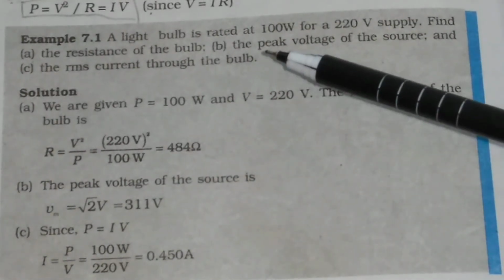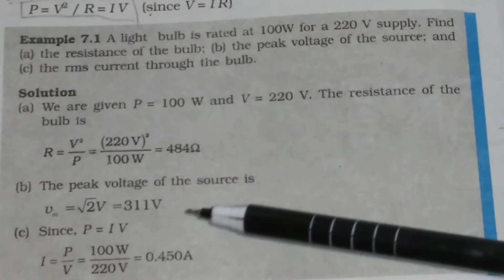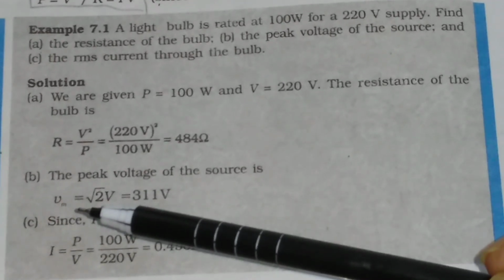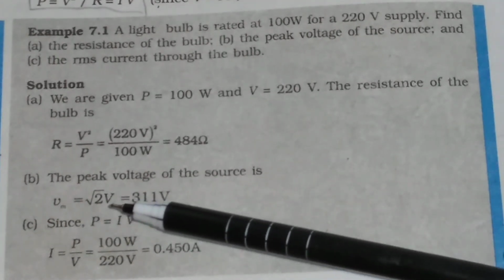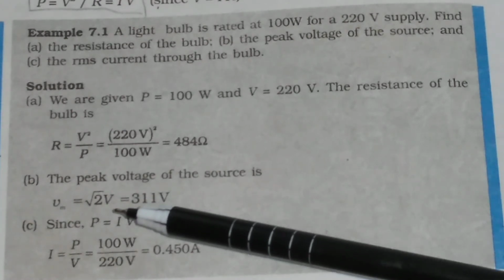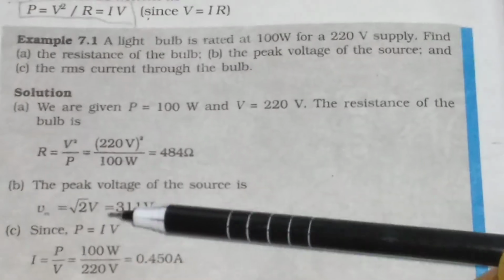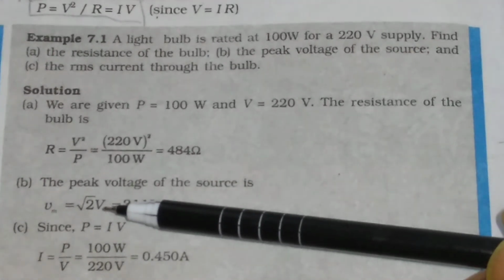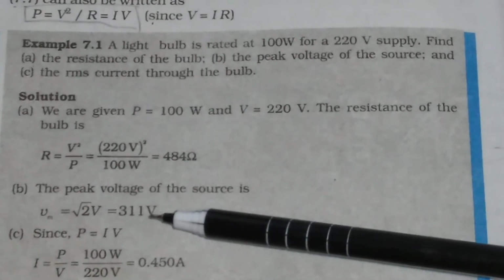The second question is the peak voltage of the source. The peak voltage Vm is equal to root 2 times the DC voltage or RMS voltage, that is root 2 into V, so 311 volt.